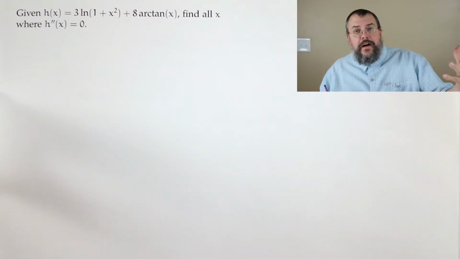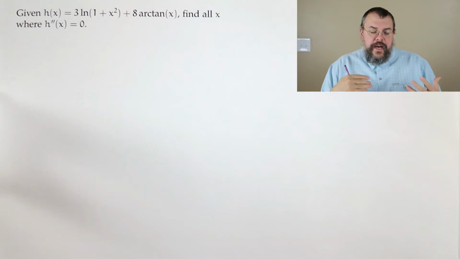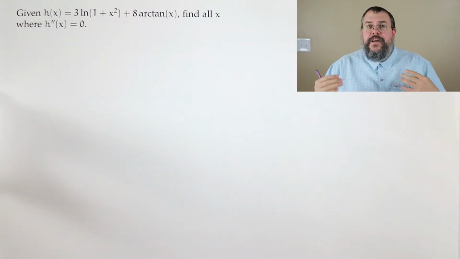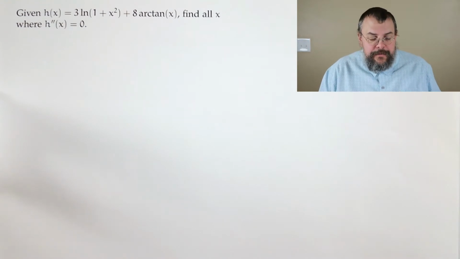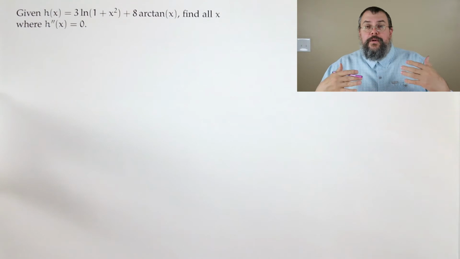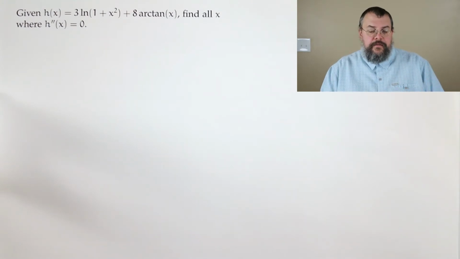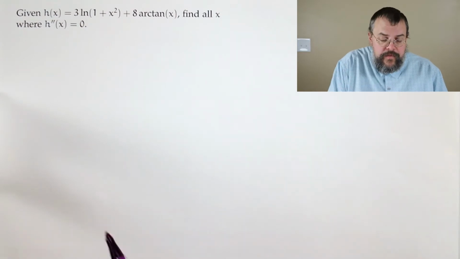It's like there's natural logs and arctangents mixing together, and if we had to try to understand that function, we would struggle because they are not very clean functions to be working with. But that's not the function we need to set equal to 0. What we need to do is get to the second derivative. All right, so let's work our way there.